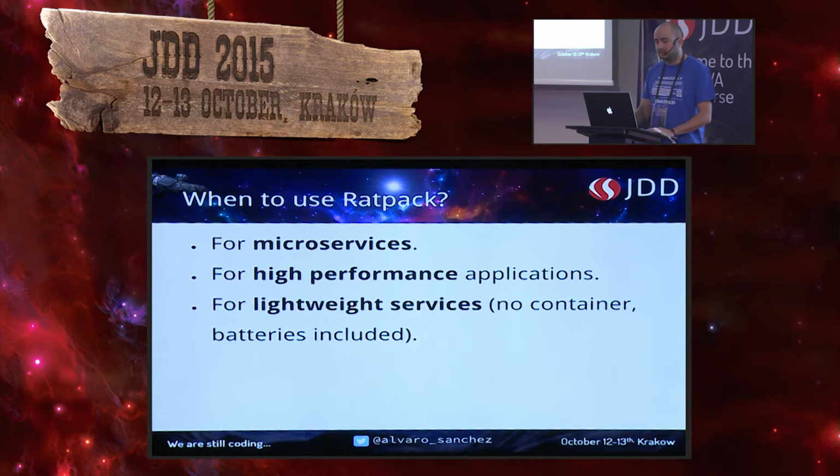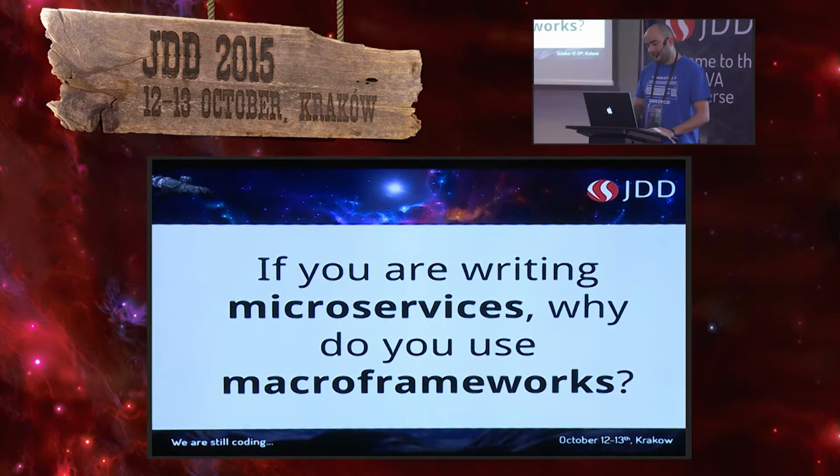You don't need a container. Everything is included. And this is a personal thought: everybody is talking about microservices. So if you are into microservices, why do you use macro frameworks, right? Like bigger frameworks, much bigger frameworks, and I look at that, use Spring Boot.